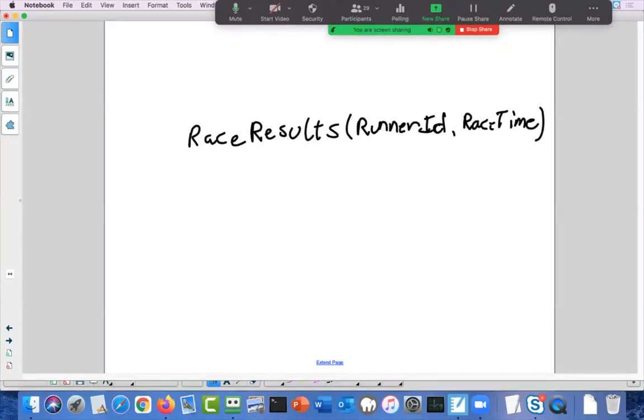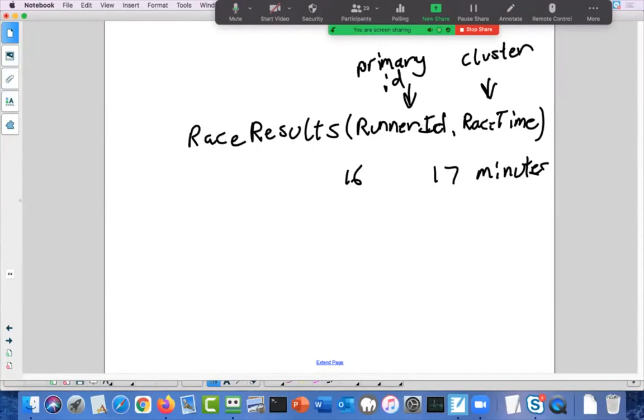I used to be a competitive runner, and I used to like to know who were the runners near me. So I might ask who are the runners who finished the race between 16 and 17 minutes. In this case, while the primary key is the runner ID, I would actually cluster on the race time.